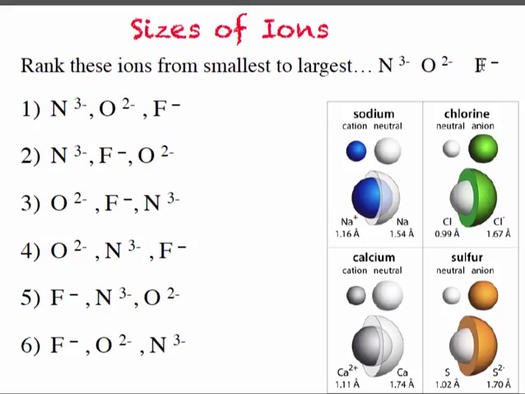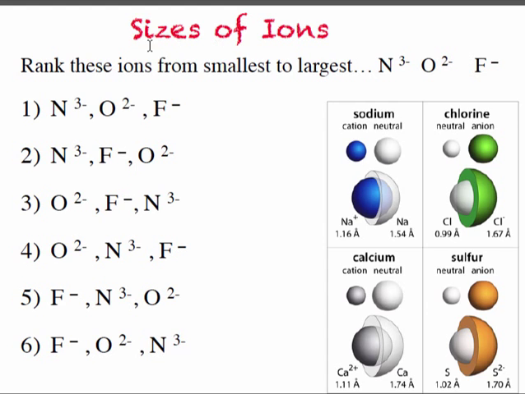But fluorine has 9 protons in the nucleus, 8 protons in the nucleus, 7 protons in the nucleus. So which nucleus, being positive, pulls on its 10 electrons with more oomph? The answer is fluorine. Because it has more protons in the nucleus, it pulls on those electrons with more strength, which makes the ion smaller.